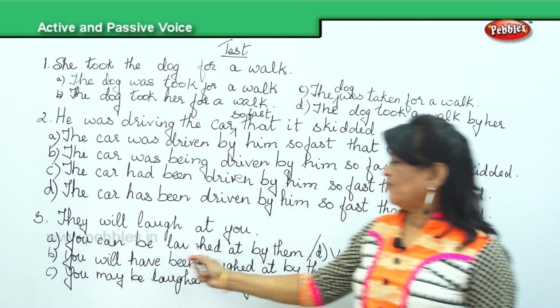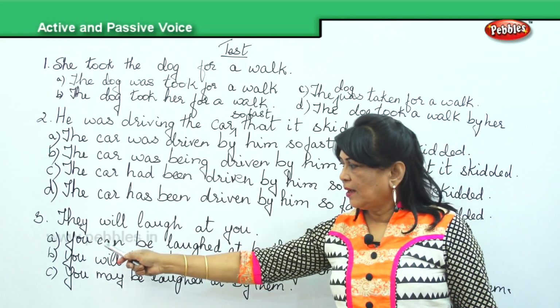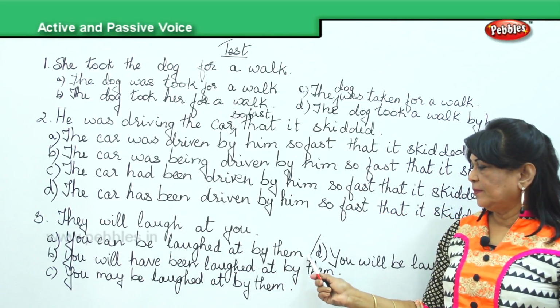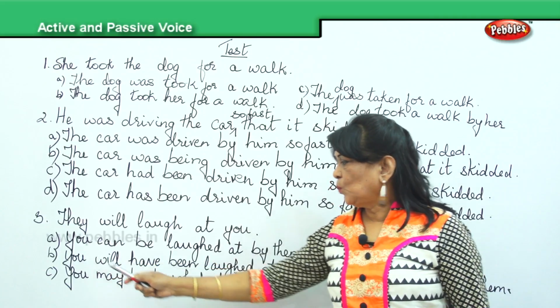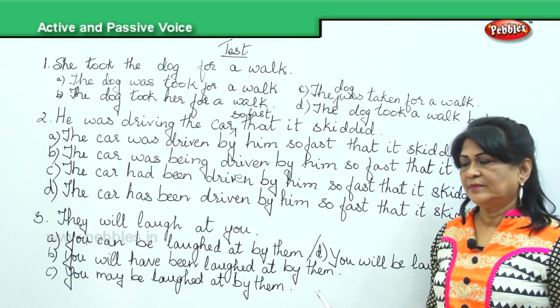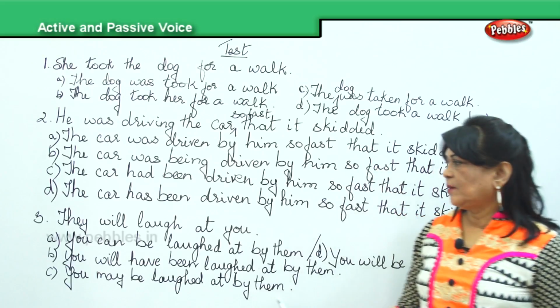They will laugh at you. Options are: A. You can be laughed at by them. B. You will have been laughed at by them. C. You may be laughed at by them.